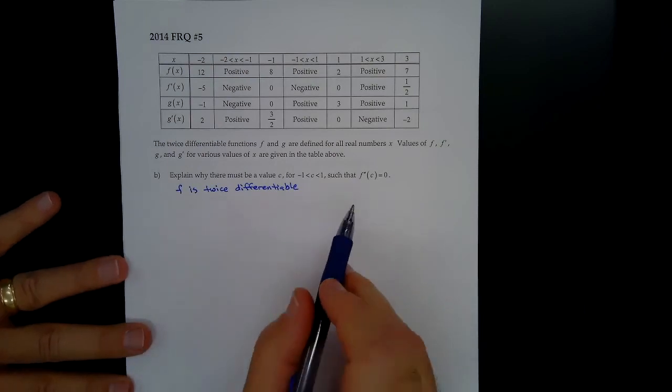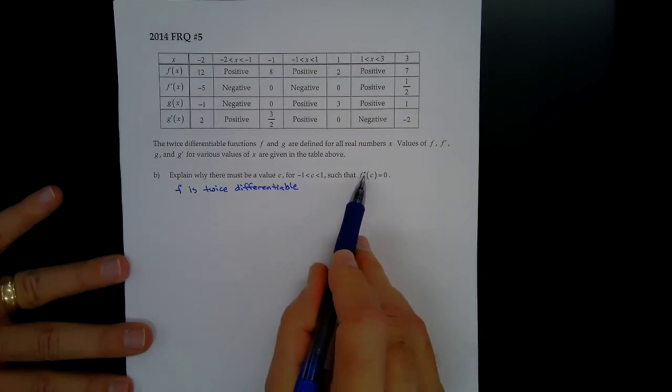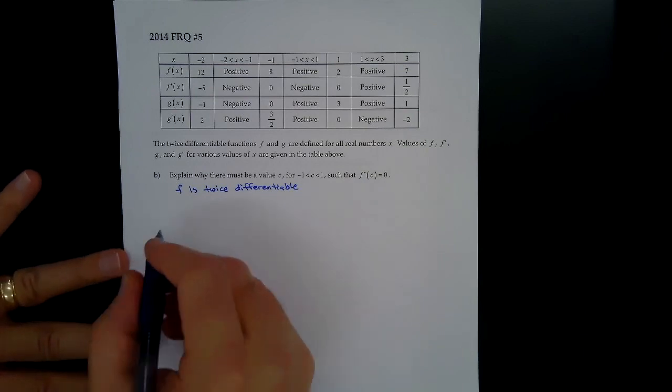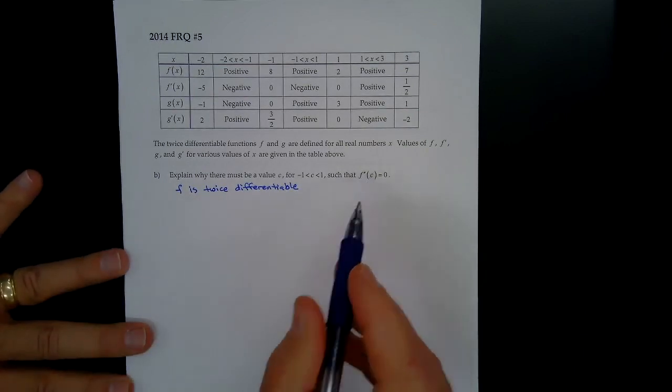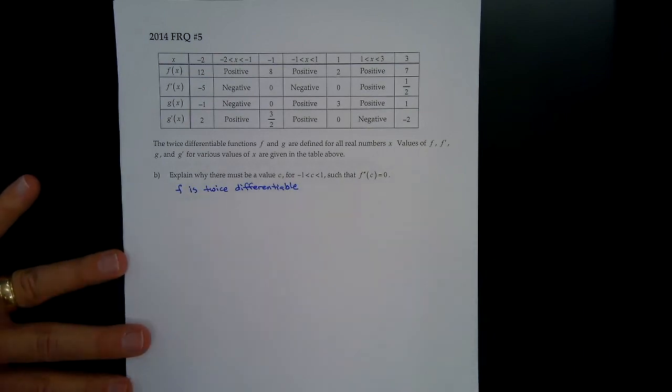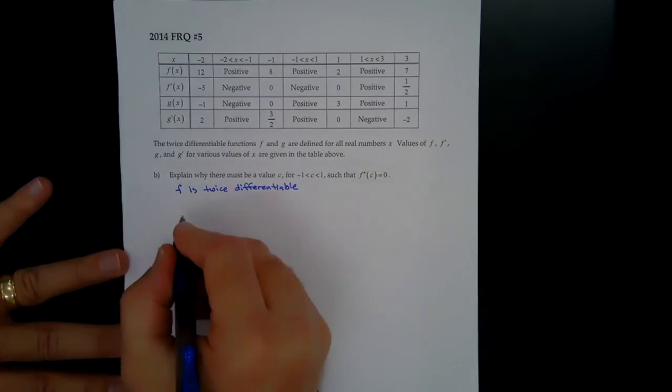So by just saying this, we have the continuous piece and the differentiability piece, okay? Now the second derivative is the derivative of the first derivative. I know that's kind of weird, but since we're talking about f double prime, the function we're referring to is f prime, not f.